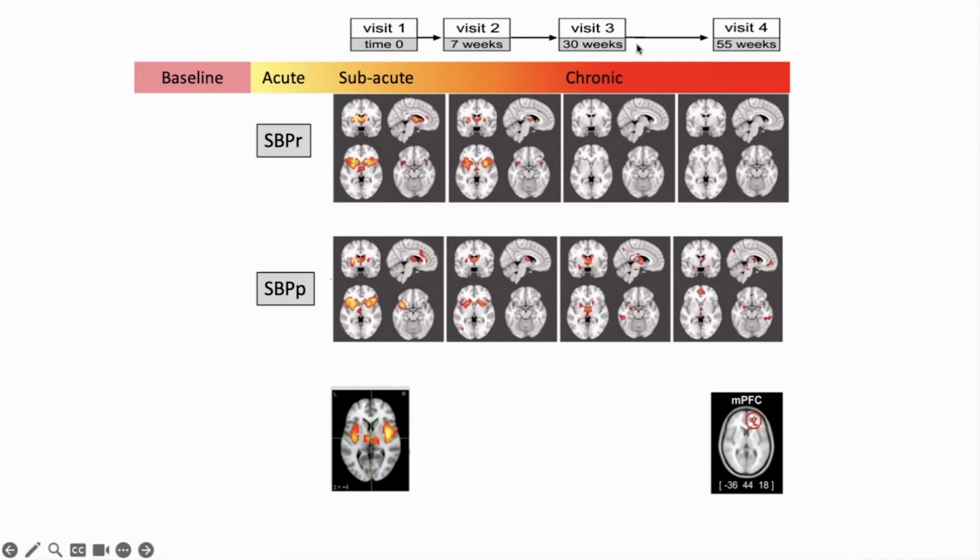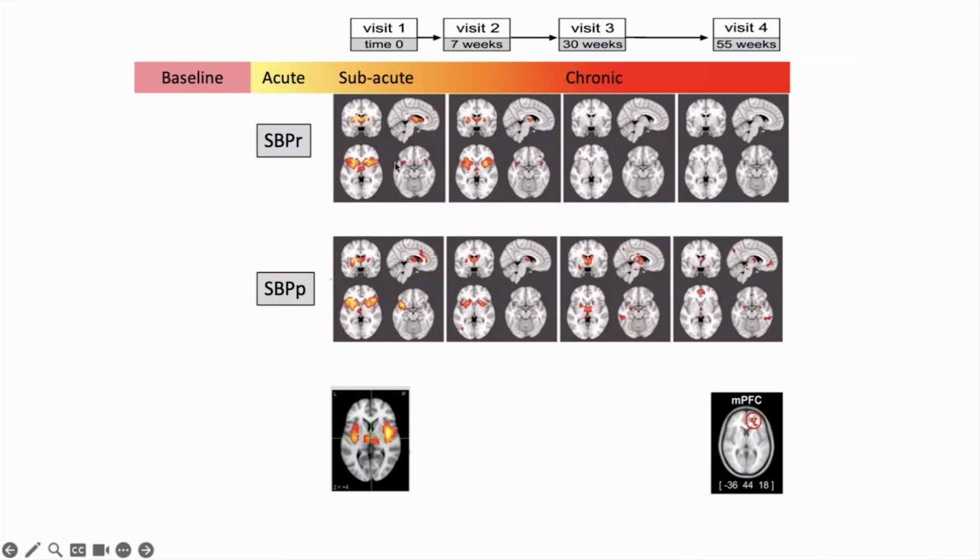Again, within this time window from subacute to chronic pain over visits 1, 2, 3, and 4. This is at time 0, 7 weeks, 30 weeks, and 55 weeks. You can see all subjects at time 0 have brain activities that are similar with each other, and they're similar to acute pain. Okay, so an initial early back pain subject essentially has brain activity properties that match acute pain.